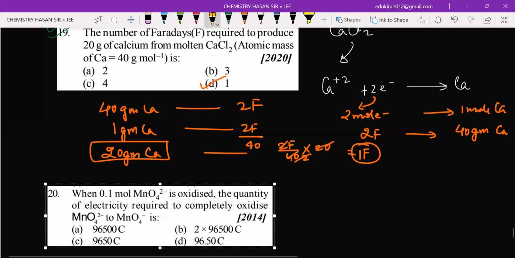Any answer for this question number 20? Very good. What about you? Let me know if you're not able to solve this.